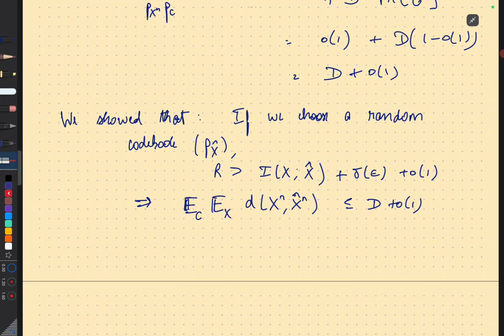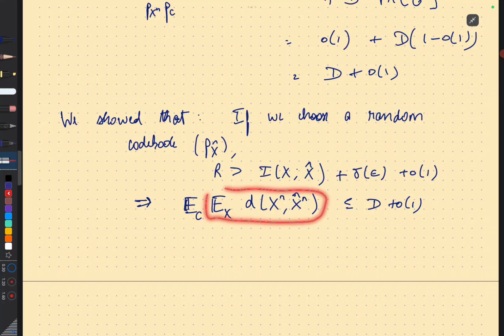So let's focus on just this particular quantity inside. There are two expectations over here. One is with respect to the code book that we've chosen, and the second is with respect to the source. And we've deliberately designed the code book so that it is independent of the source. All right, so here's a question for you. Let's forget about what this means exactly for now.